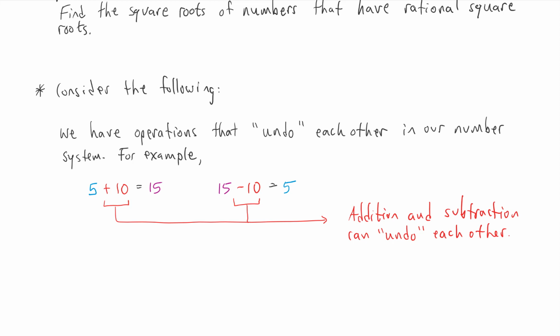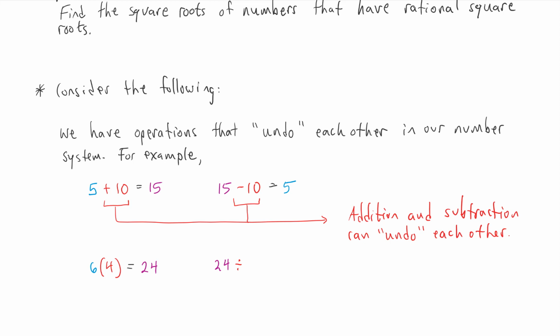And we have other examples. Let's say I start with the number 6 and I multiply that by 4. Well, 6 times 4 gives us 24. But again, what if you have the 24 and you're like, oh man, I really didn't want to do that. I really want to go back to that 6.